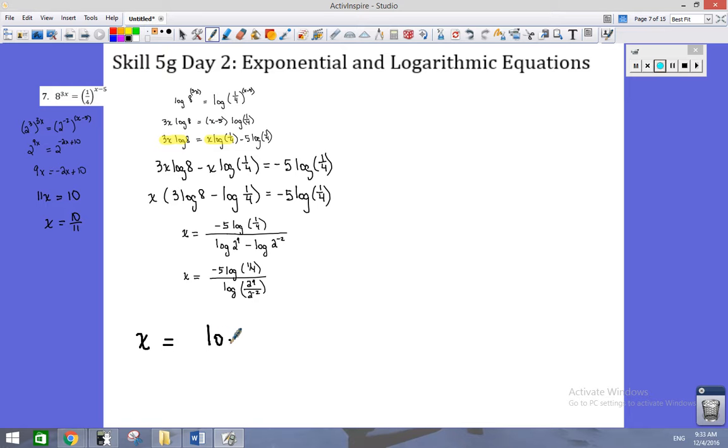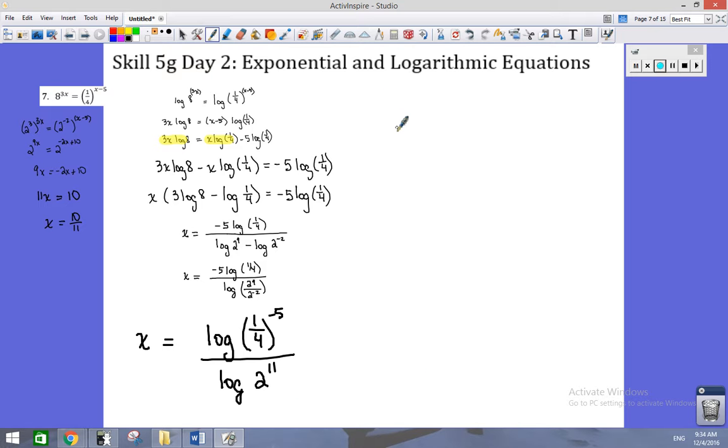I've got log. If I bring that negative 5 up, I've got 1/4 to the negative 5. And in the denominator here, I've got log of 2, and if I bring that negative up, the 9 minus a negative 2 is 11.